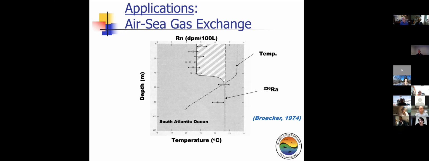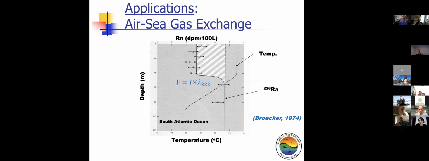So there's been an atmospheric evasive loss. And by knowing what the inventory deficiency is, which you would get by integrating the striped zone with depth, and by using the well-known equation and assuming steady state, the flux, in this case across the air-sea interface, would be equal to the inventory that's deficient in radon, which is the difference between the radium-226 and the radon that was observed, multiplied by the decay constant of radon-222.